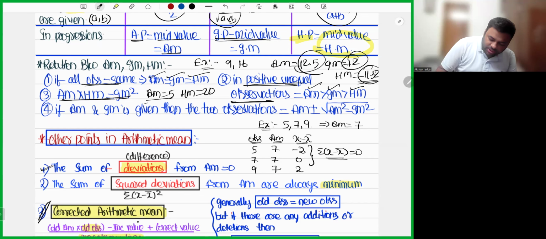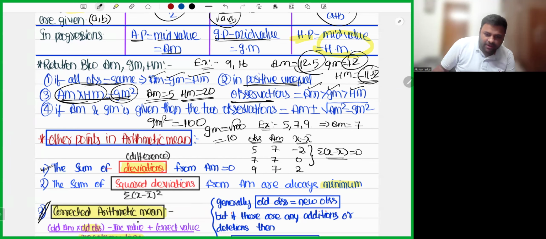AM is 5, HM is 20. So AM into HM will be 100. GM square is equal to 100. GM is equal to the root of 100, which is equal to 10. Okay. Next.